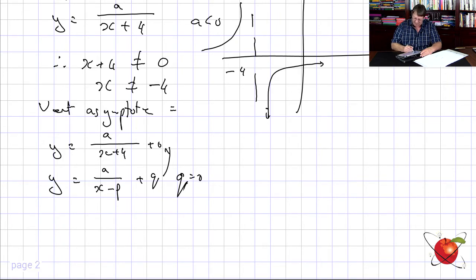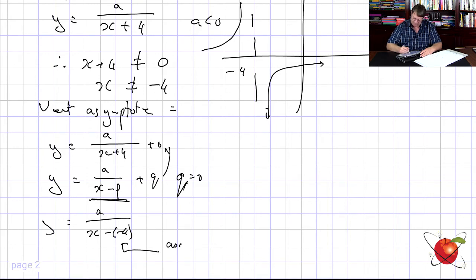I have to rearrange that to be y is equal to a over x minus minus 4. Can you see? I put it into the standard form. So therefore I know that our asymptote is x equals minus 4. So we've done it both ways, all right? It means the same, just manipulating into standard form.